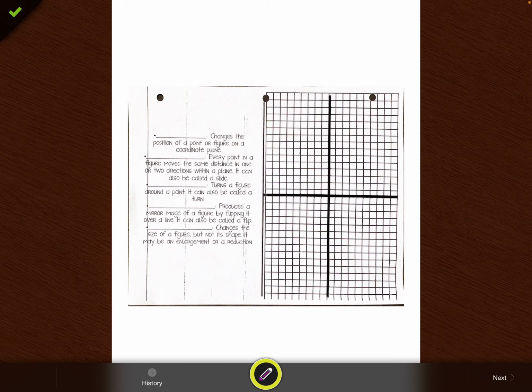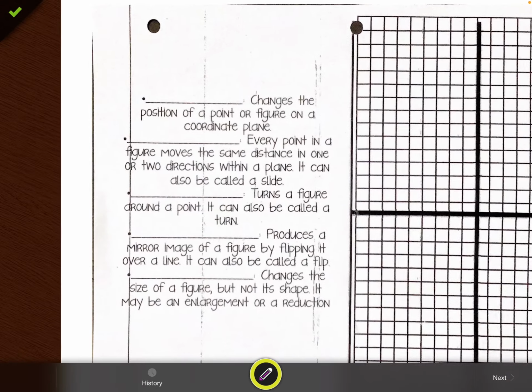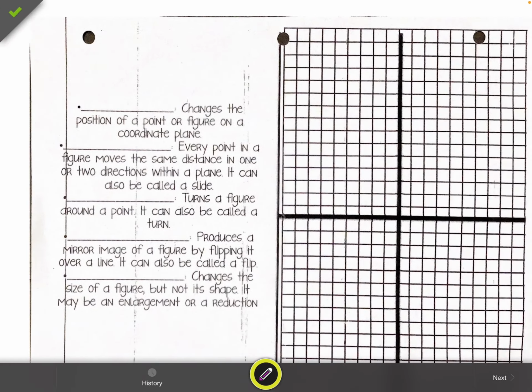It's not going to just be a blank graph, so that you can see these transformations happening right in front of you and using your hands. All right, so let's just fill in these few definitions.